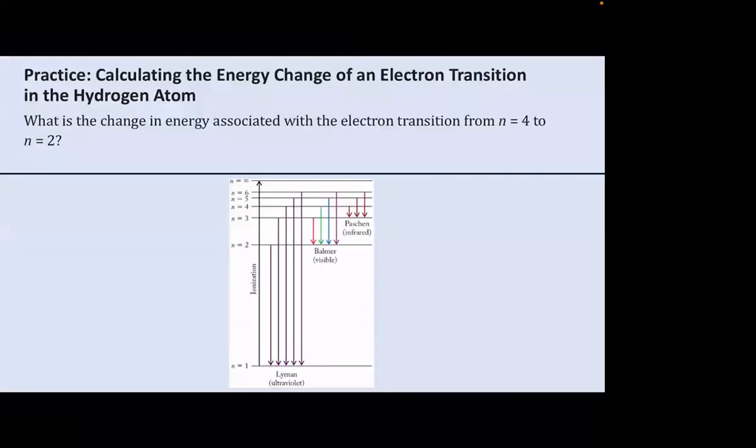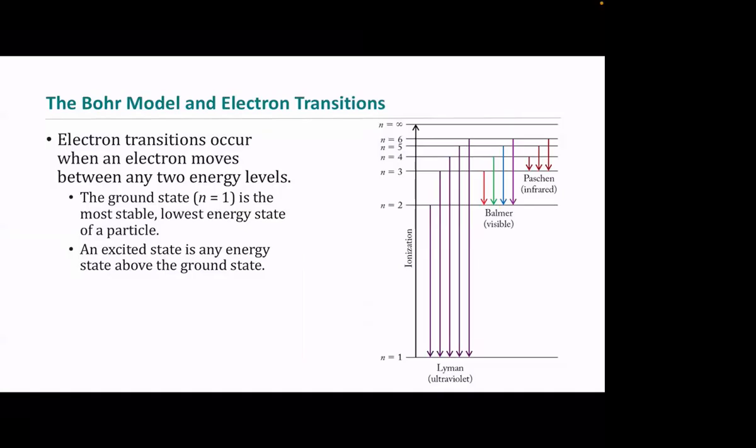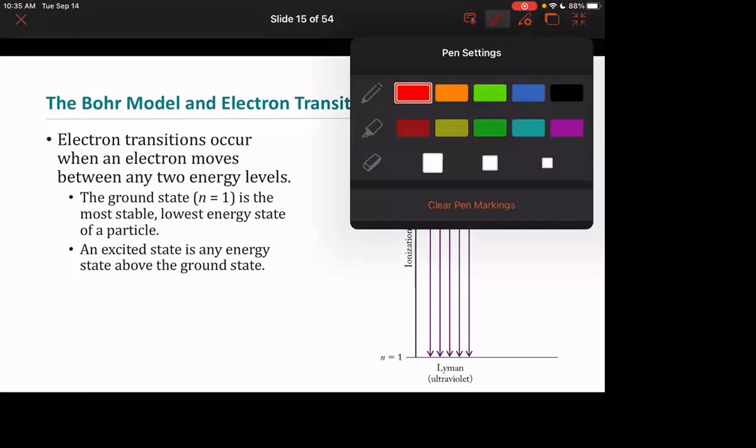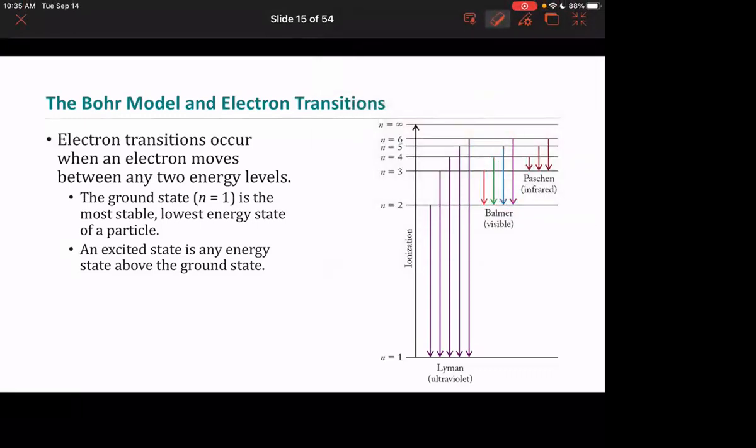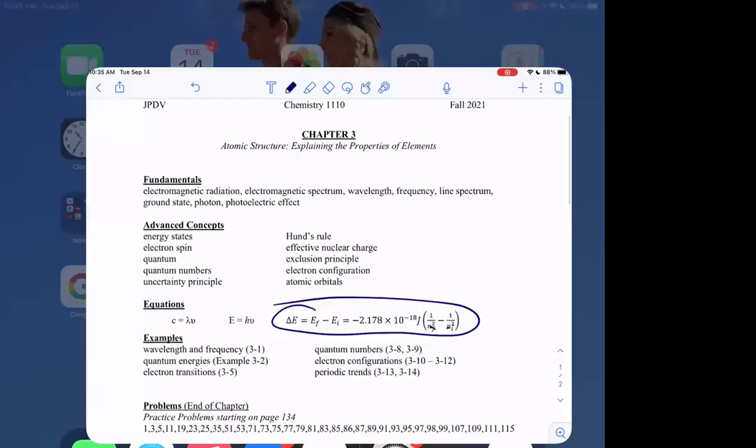Now, if you put into this equation these particular transitions, from 3 to 2, 4 to 2, 5 to 2, and 6 to 2, oops, I covered the colors there. Any of those transitions into this equation, you'll get the energy, right?